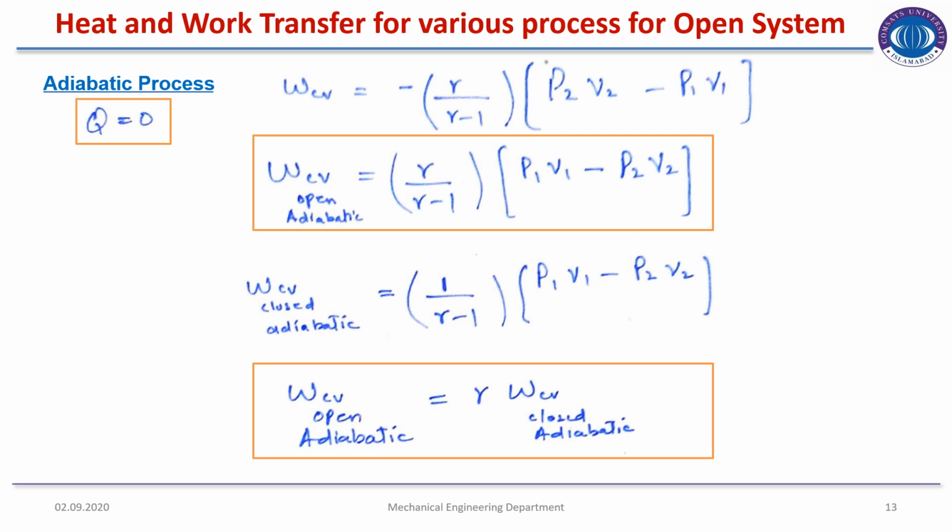Comparing both control volume works for open and closed systems for an adiabatic process, we found that the work done for an open system is equal to gamma times the work done for a closed system. As gamma is greater than 1, the control volume work done for an open system for an adiabatic process is greater than that for a closed system.